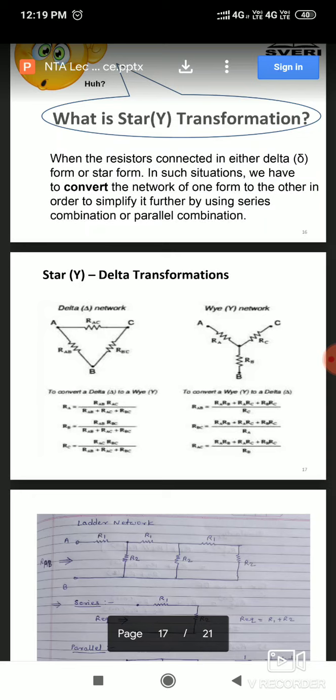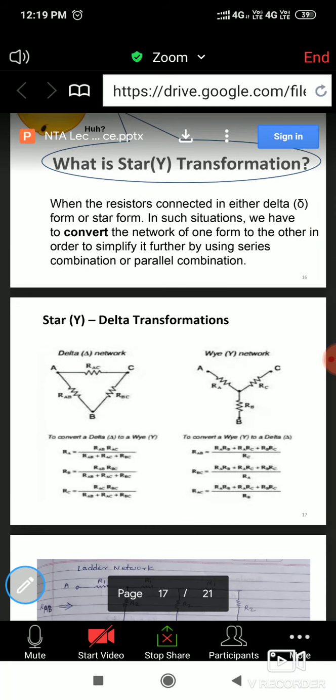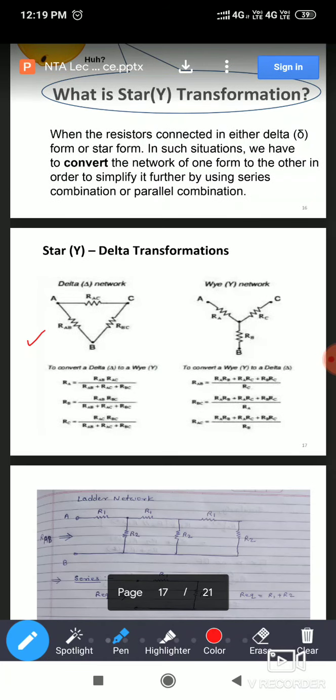To solve problems, sometimes we need to convert delta into star or star into delta. So how to convert, that is given here. Everyone note down the equations here.